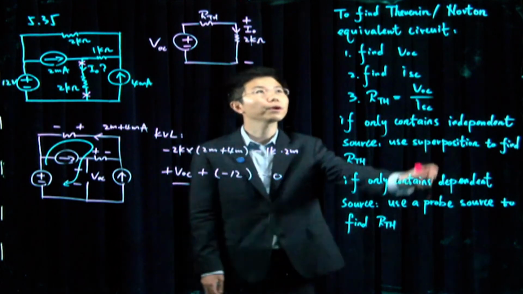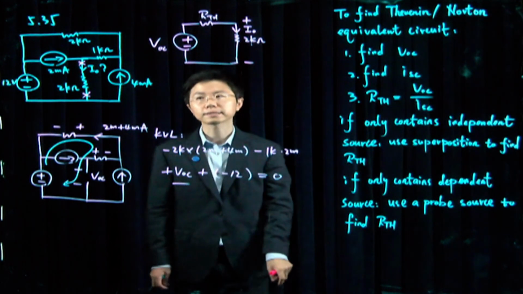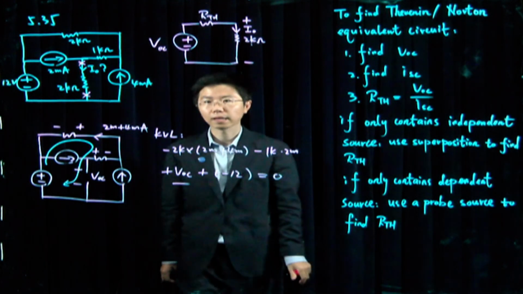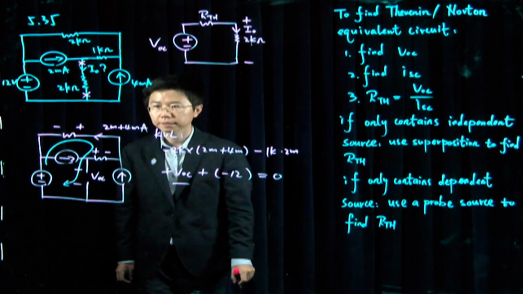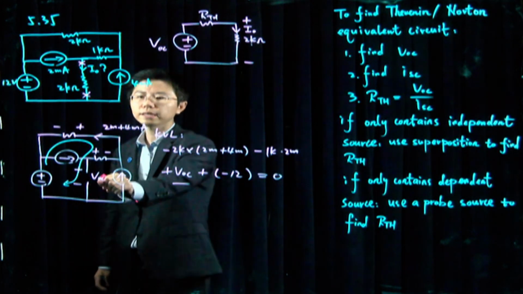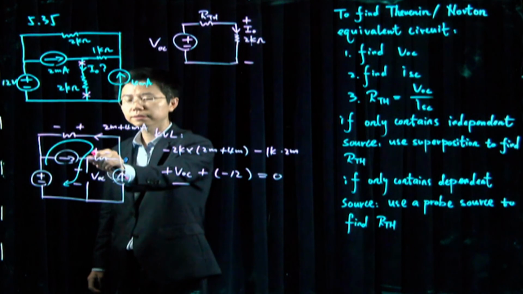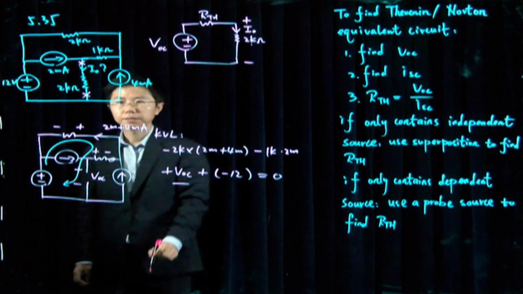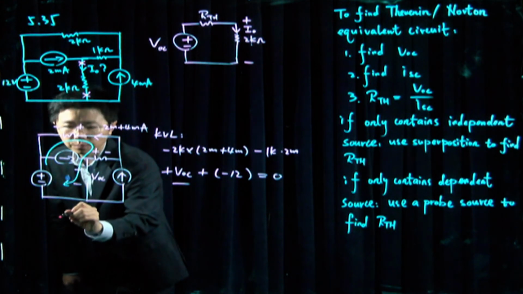Following my 3 steps here, my next step will be trying to find the short circuit current. The way this works is I'm literally creating a short circuit in this branch and looking for how much current will go through there. So let me draw this circuit one more time.